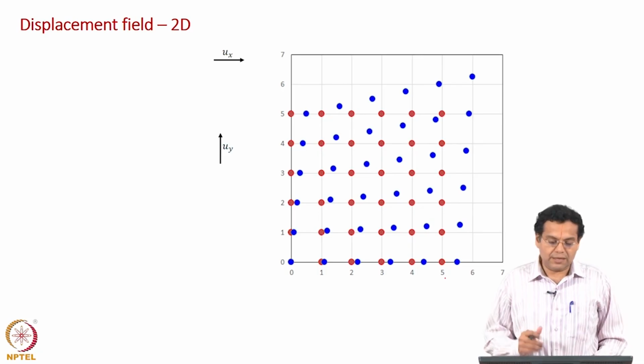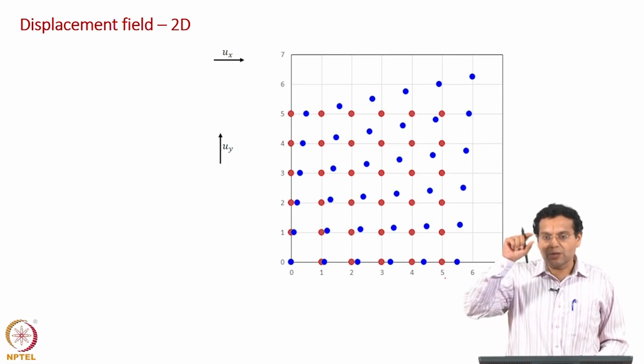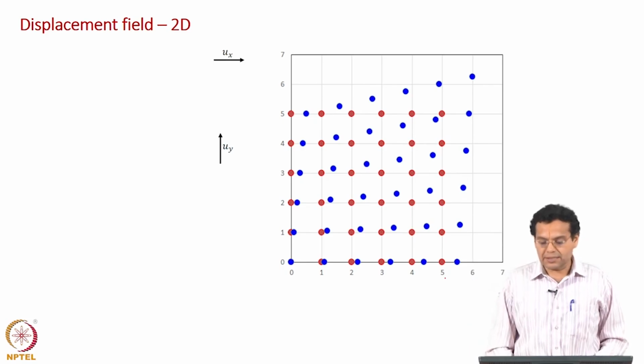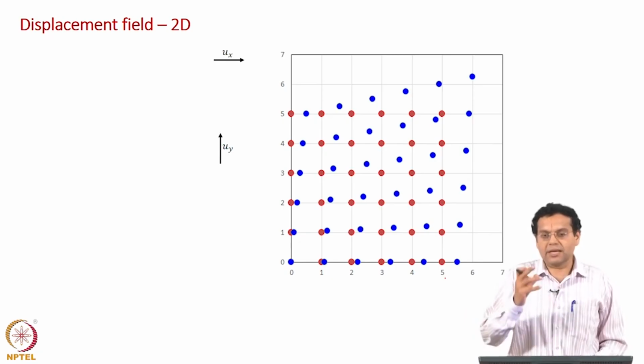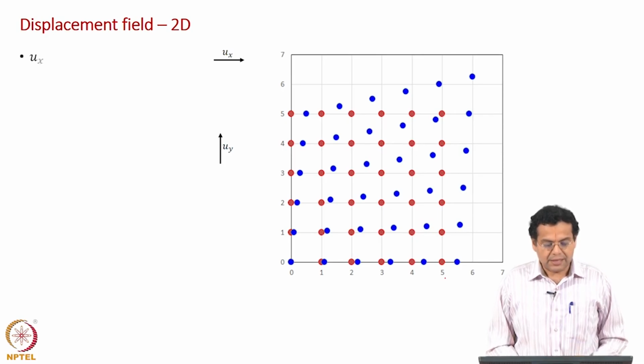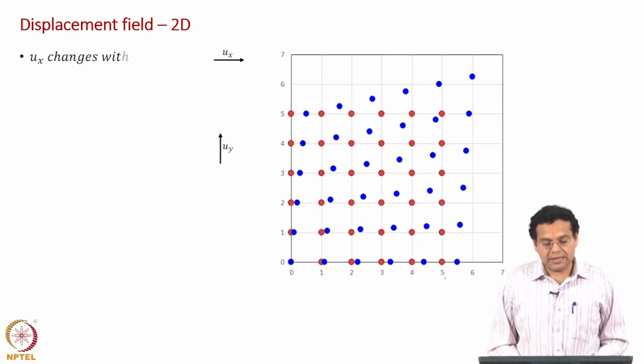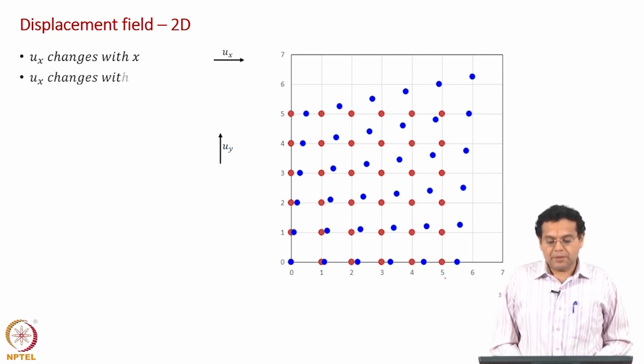Okay. And now, if you look at the y displacement, which is the difference in the y coordinate, that also changes if you go along the x axis and the y axis. That is what we summarized, that is what we discussed in this slide. Ux changes with x and Ux changes with y as well. So, Ux is a function of x comma y.